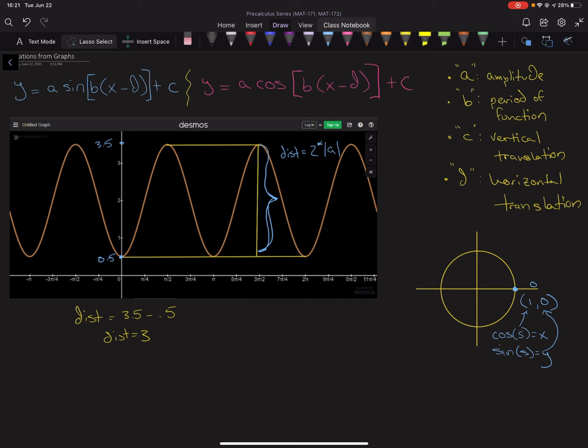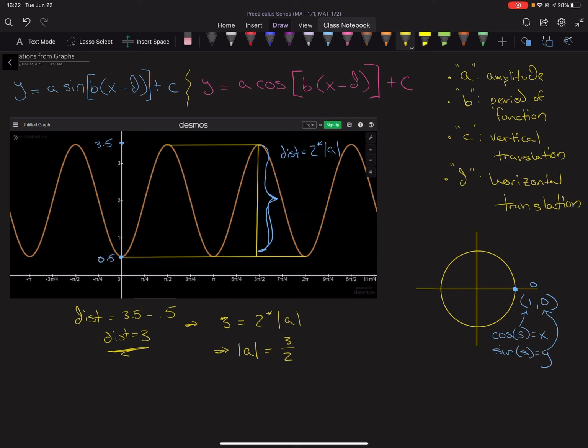We can find our A by substituting this 3 into this arrangement that we have here. So basically we'd have 3 equals 2 times the absolute value of A, or that the absolute value of A is equal to 3 over 2, or 3/2. All right, so this helps us determine what A is.